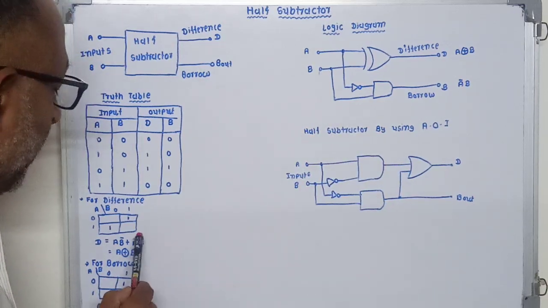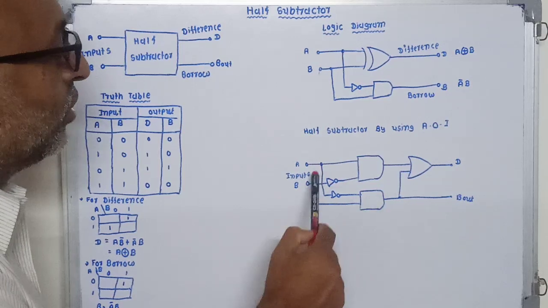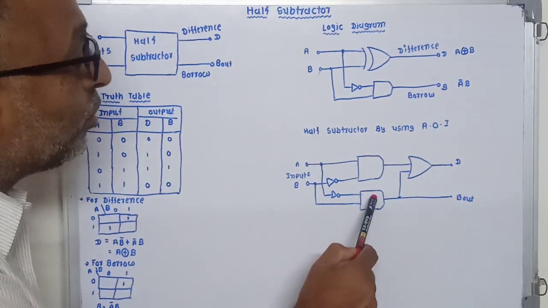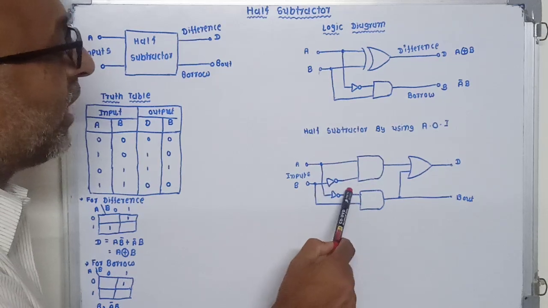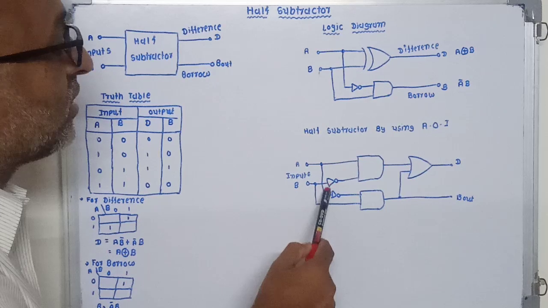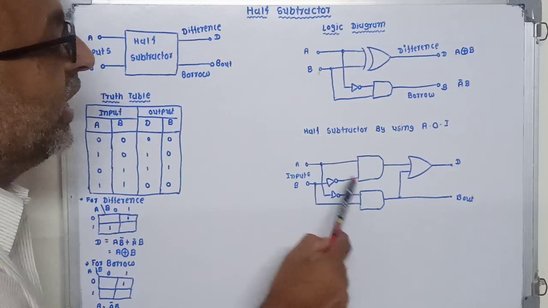Next we require A bar into B. So here we are taking another AND gate. B is directly connected to this input of AND gate 2, but it requires A bar. That's why another NOT gate is connected in series with this input, which provides the output A bar.